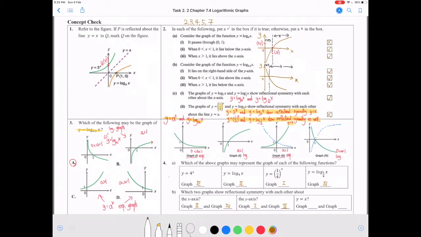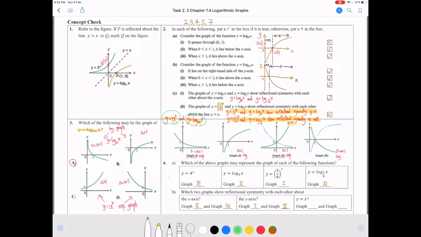The last one, y equals x. Do you still remember? Let me use a green color to circle it. y equals a to the power of x and y equals log base a of x, they are inverses of each other, right? So they will show reflectional symmetry with each other about y equals x.